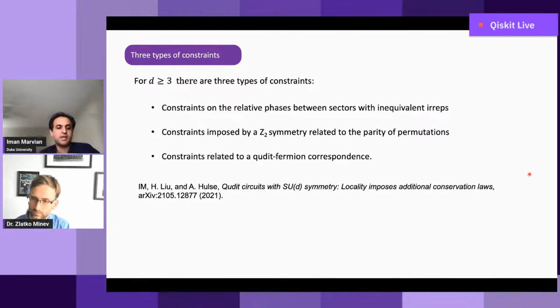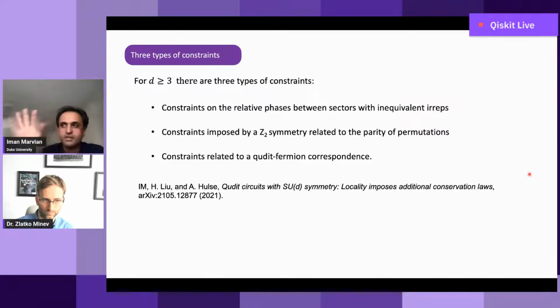Now, it turns out that this problem of SU(d) symmetry with qubits is actually a very rich problem. There is a lot going on in different sectors. Roughly speaking, you can divide the type of constraints that are caused by locality in this problem into 3 different types. You have constraints on the relative phases between sectors with an equivalent representation of the symmetry.